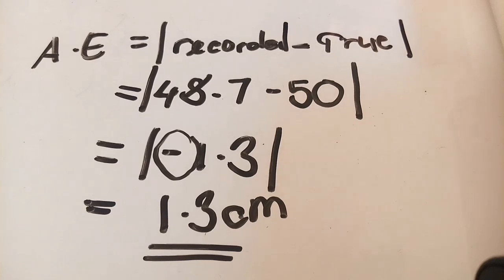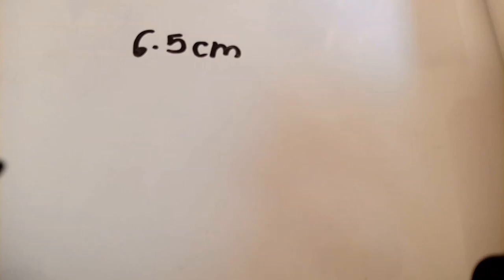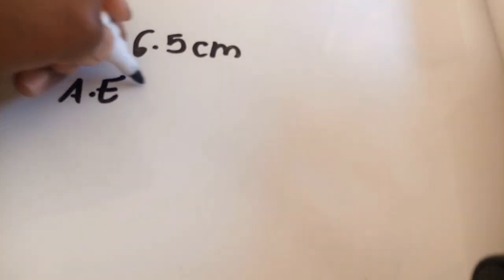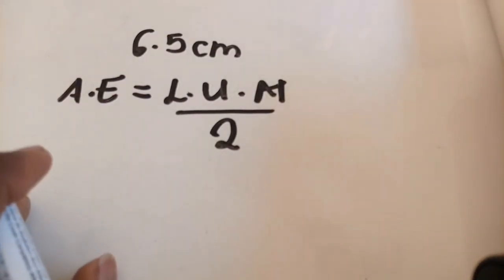But what if we're just given a single measurement, and then we're told to find the absolute error? Let's have another example. If a piece of wood measures 6.5 centimeters long, and they ask us to find the absolute error of this measurement. Finding the absolute error of a single measurement: absolute error will be equal to the least unit of measurement divided by 2. That is how you find the absolute error of a single measurement.